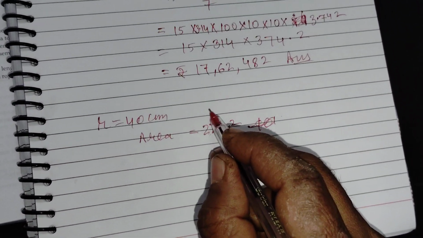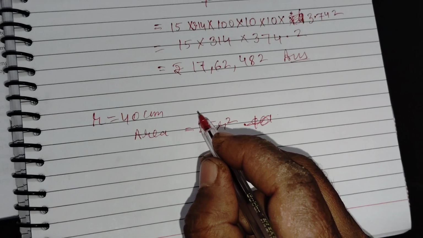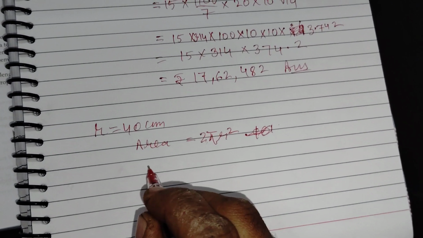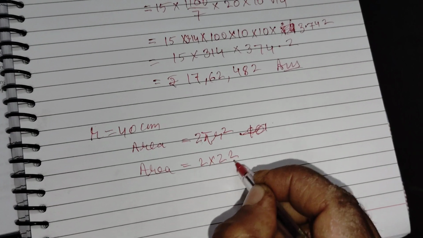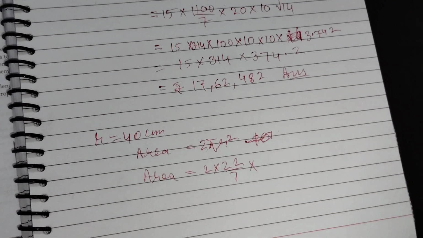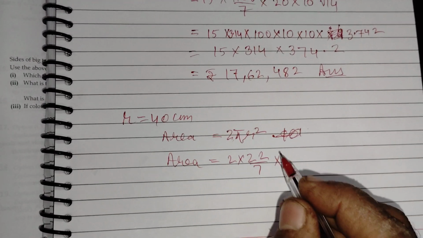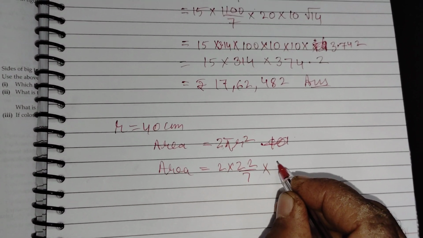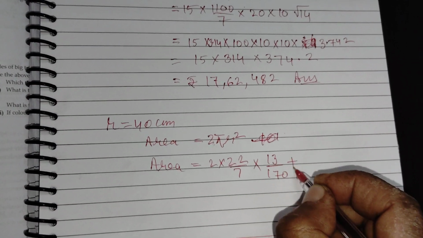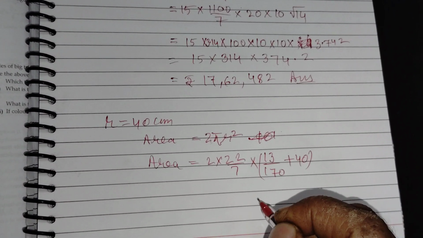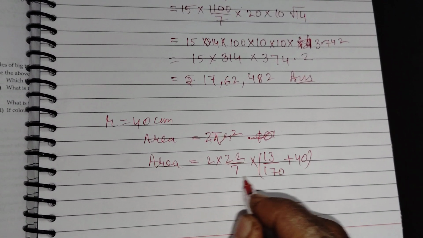So the area formula is 2 pi r square. Radius is 40 centimeter, and we can calculate the area: 2 into 22 by 7 into the radius. And 13 by 170 is wasted, so that we add in the radius. It will give us the area.